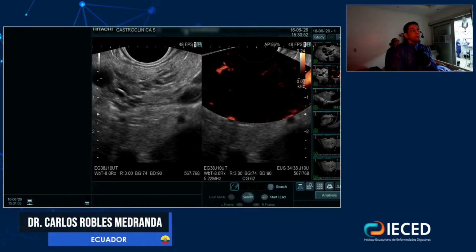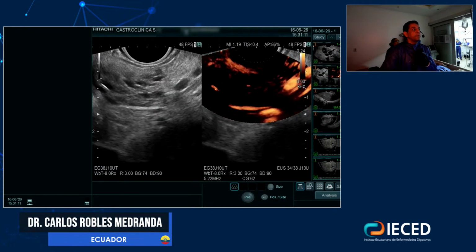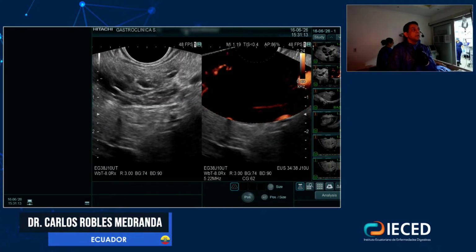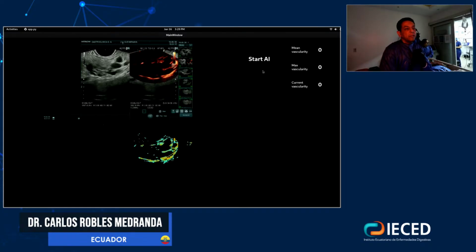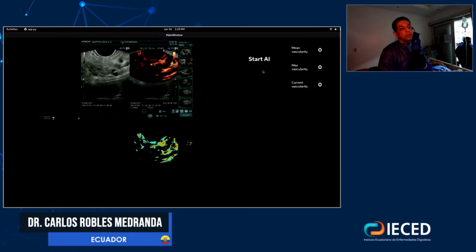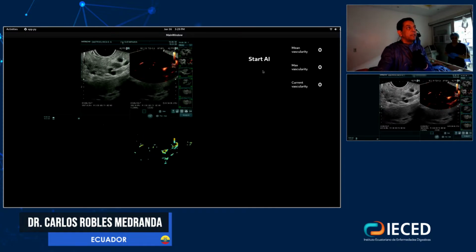Okay, so now I will show you the AI. Podemos cambiar la imagen de AI, por favor. What the AI will do is count the number of microvascularization per frame per 60 seconds.